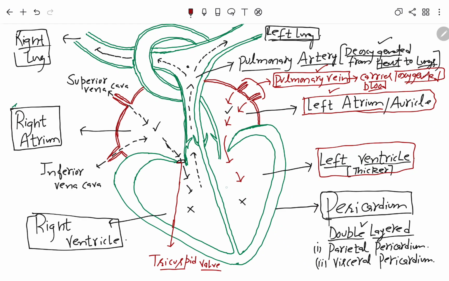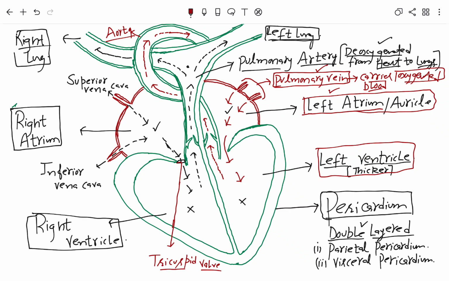When the left ventricle contracts, this blood will move through this blood vessel, which is the largest artery of your body, called the aorta. This aorta will carry oxygenated blood from the left ventricle of the heart and pump it to the whole body by dividing into multiple branches.